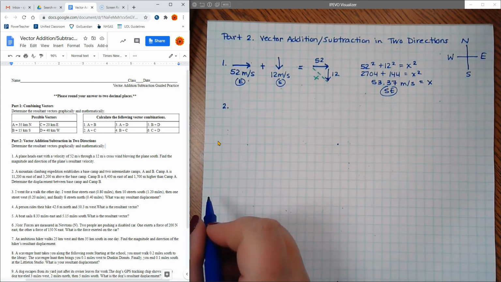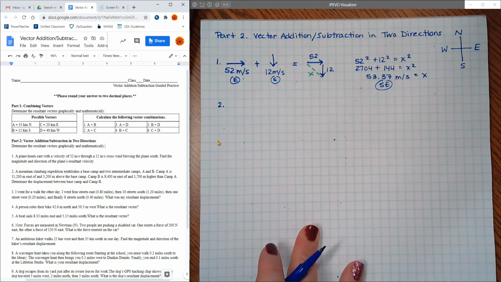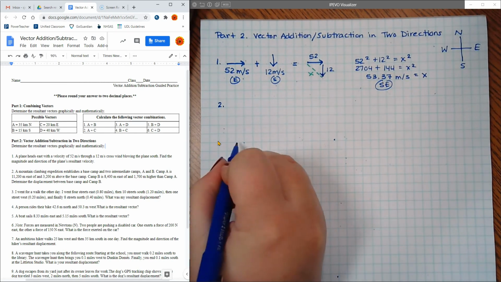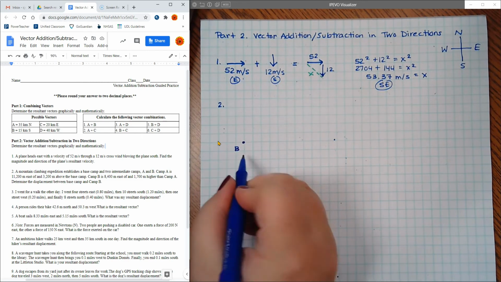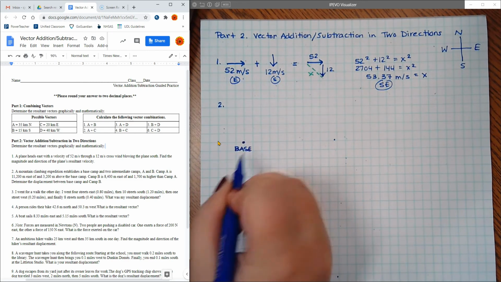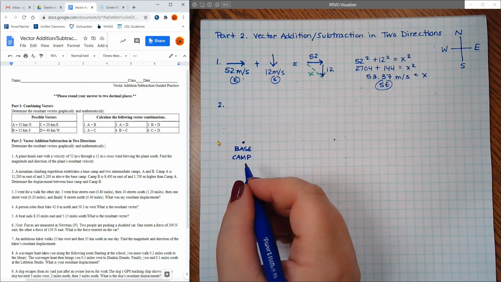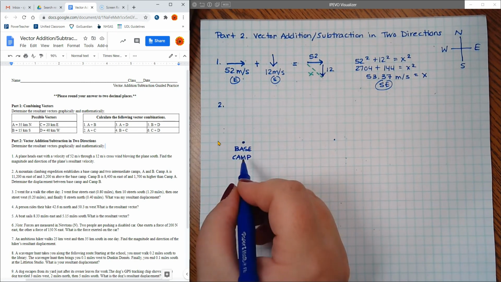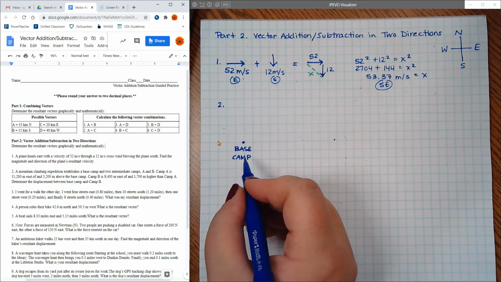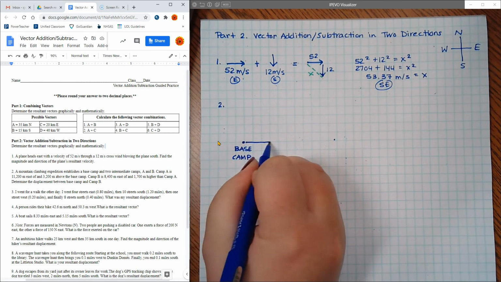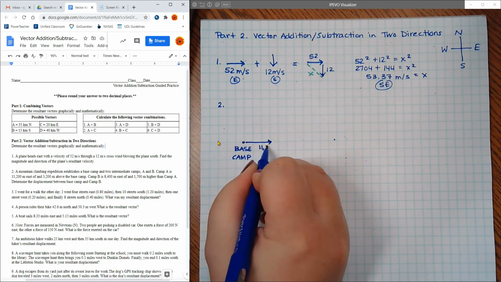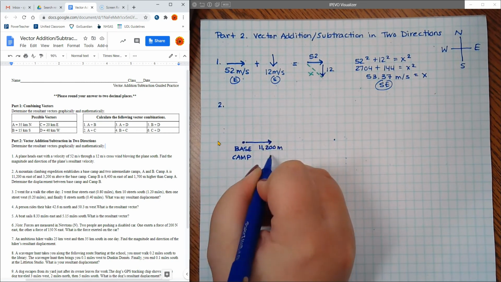I'm going to draw a diagram a little bit further down my page so I can make sure I have plenty of room. If I consider this dot base camp, I'm going to draw everything that I read in that problem. So we have base camp. Camp A is 11,200 meters east. So I'm going to go that way and label this 11,200 meters east.